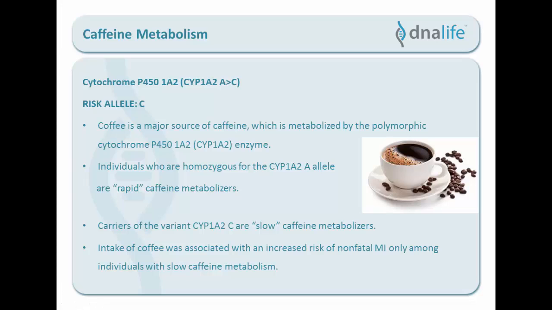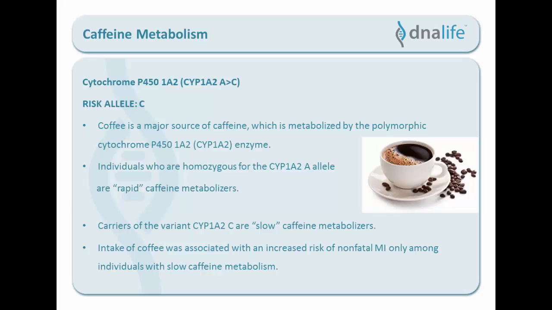And it is important to note here that besides being awake at night because you're not metabolizing as fast, individuals who are taking in caffeinated beverages and who have the C allele, so the AC or CC genotype, are actually at increased risk of cardiovascular disease or heart attacks when there is a high intake of caffeine and when they are a slow caffeine metabolizer.